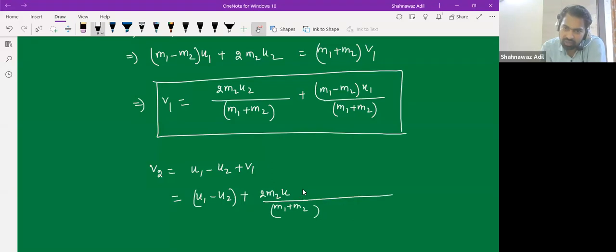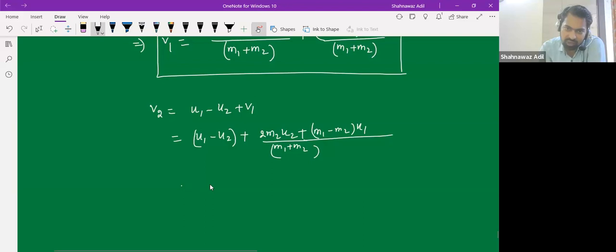And plus M1 minus M2 U1, right? So if I solve this one, this would be how much? This would be M1 U1 minus M2 U2 and plus how much? Let me write it.